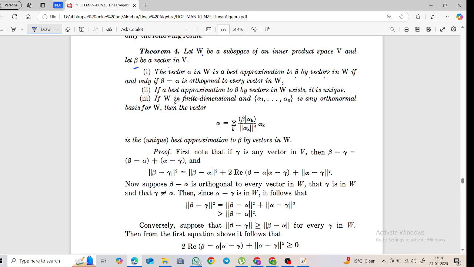And if W is finite dimensional and alpha 1 to alpha n is an orthonormal basis for W, then the vector is this. Clear? Just look at the statement once again.